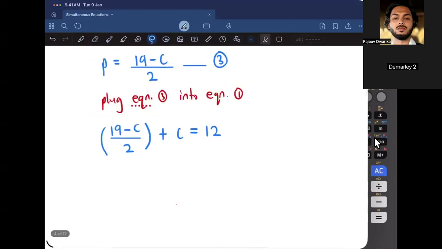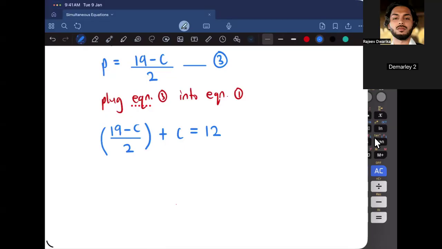Do we like working with fractions? Not really. I don't really like working with fractions myself. So if I wanted to get rid of the 2 in the denominator, what do you think I could do throughout? I'm guessing you should find the lowest common multiple.